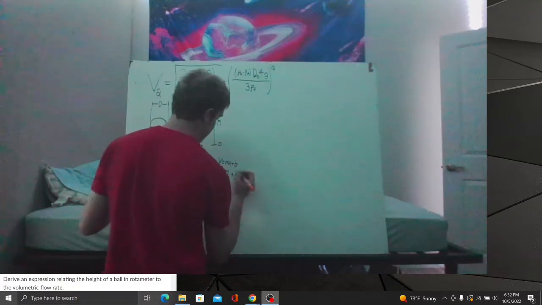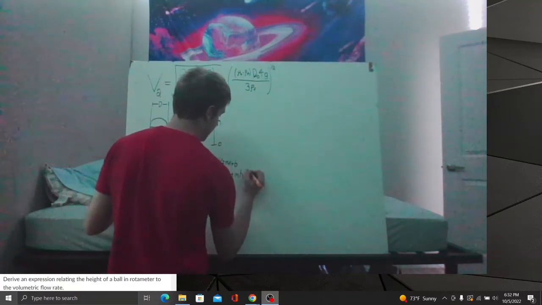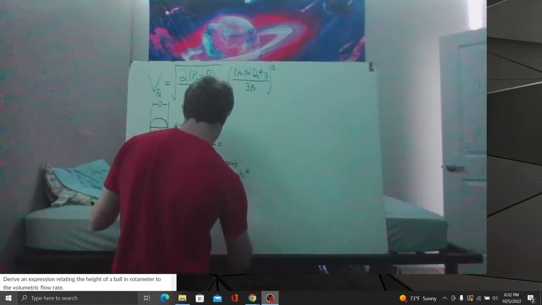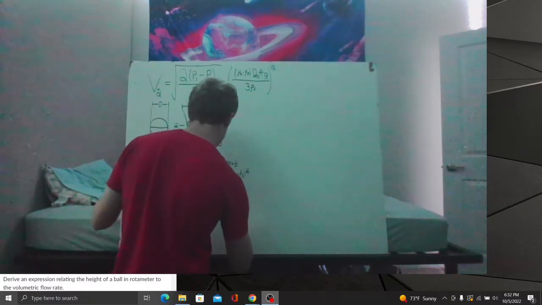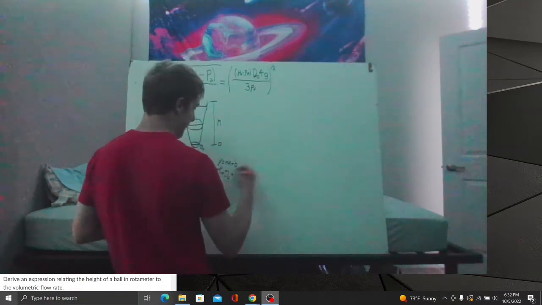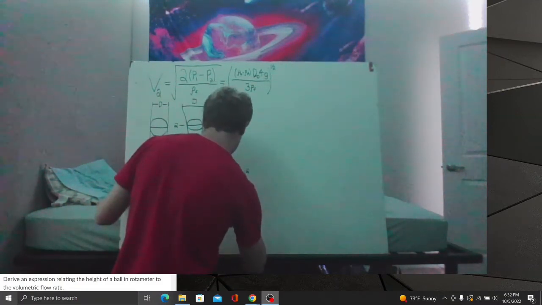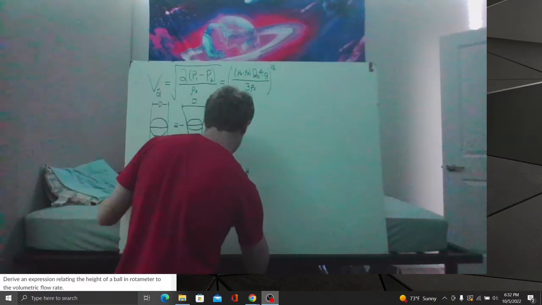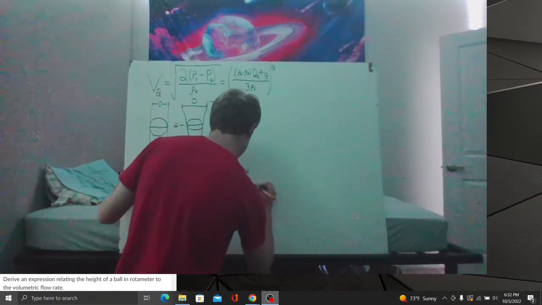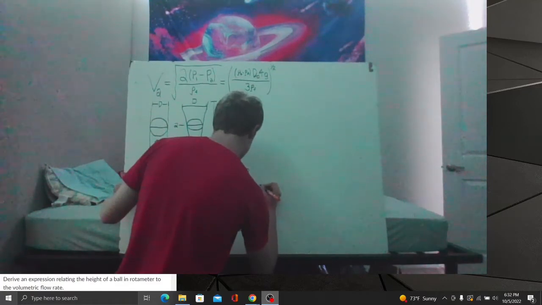So we square this whole side, and we'll end up with d squared equals d naught squared plus 2 d naught m h plus m squared h squared.